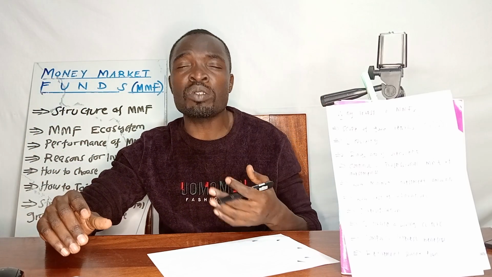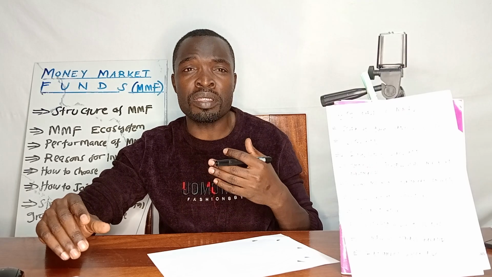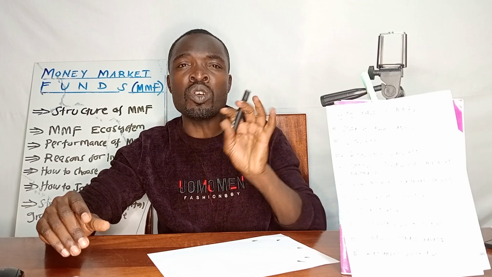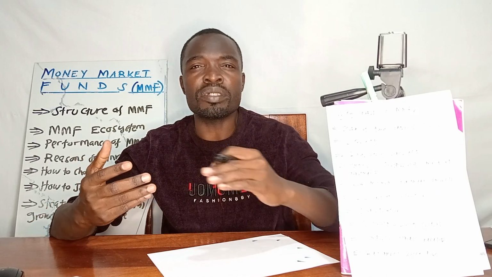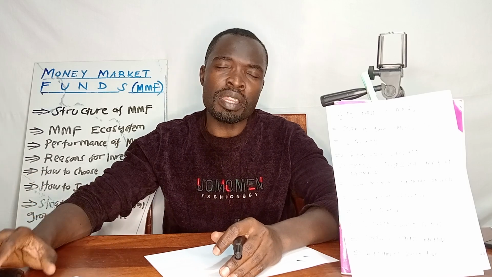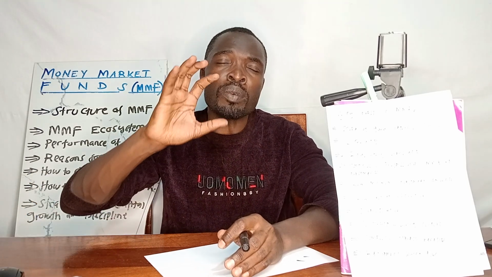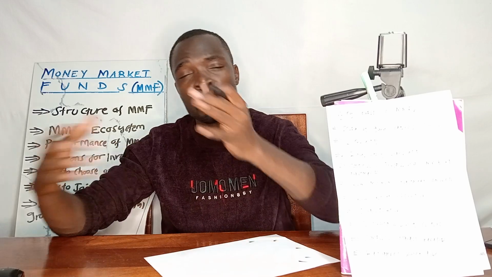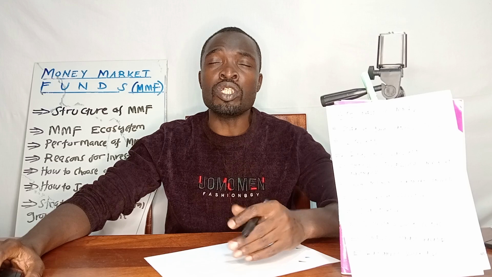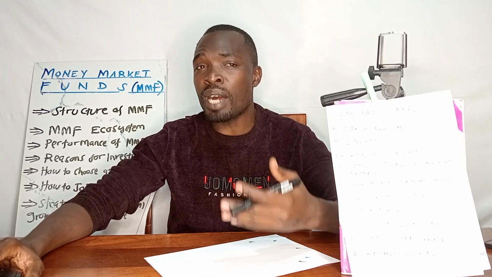If you invested there 1,000 shillings or 2,000 or even 100,000, the amount that will go to cater for research, transaction, and all those other costs is very minimal. Therefore, not a lot of your money will go into transactional costs, as it would have been when you are investing in a bank or at other institutions.